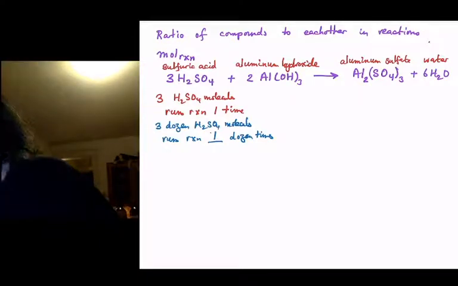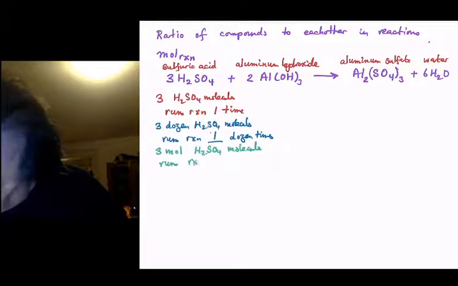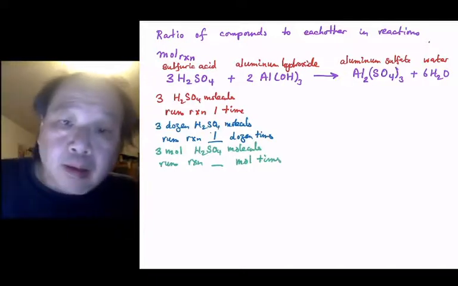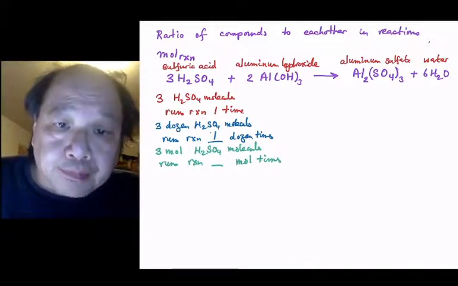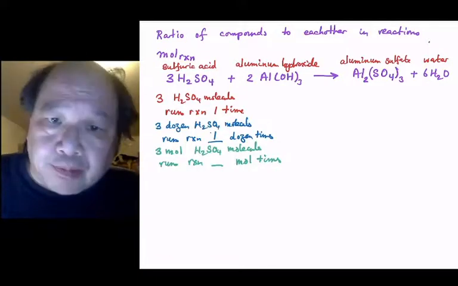Let's choose another color. How about green? 3 moles of H2SO4 molecules runs the reaction how many moles of times? Put that in chat. Remember, a mole is just the same concept as a dozen.